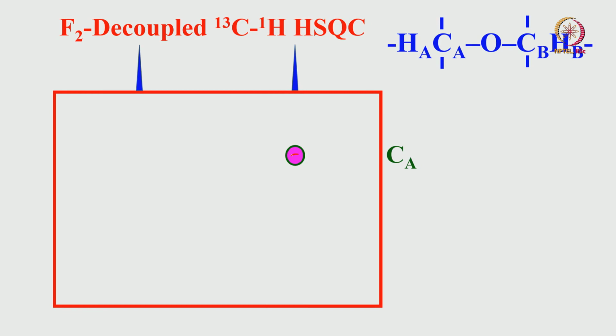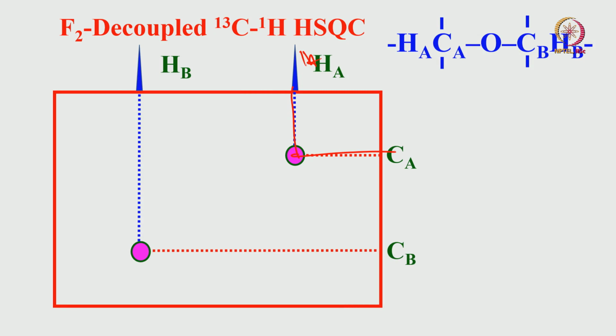Go horizontally, you get the carbon chemical shift. Go vertically, you get the proton chemical shift. This is the carbon chemical shift, this is the proton chemical shift. Okay, that is all. What did we do here? We broke the coupling in the F2 dimension. Of course, in the F1 dimension it was already decoupled, there was no coupling. As a consequence, when you do the decoupling in both dimensions, you get a single cross peak.